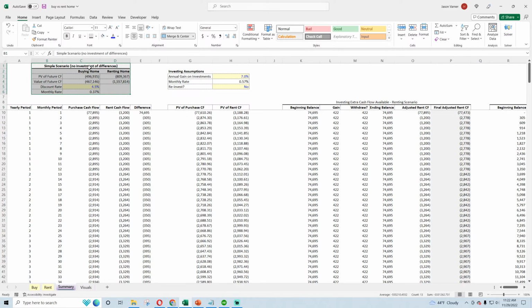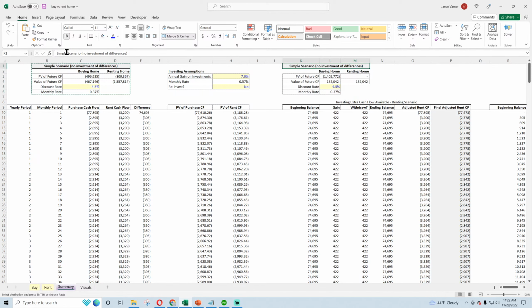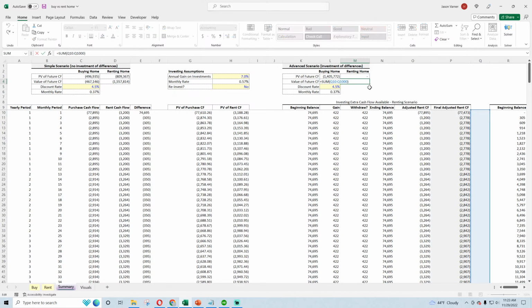And then let's do the advanced scenario, where we're investing the differences. Let's do the total value first, which is going to be this. And then, oh wait, that was renting.